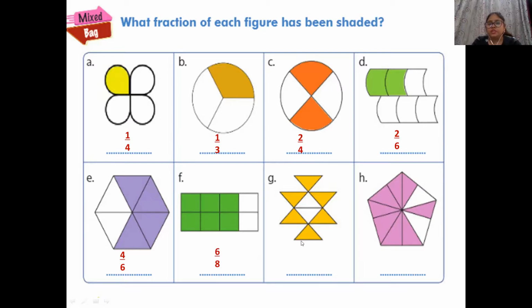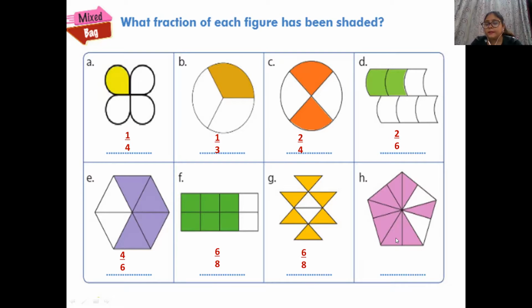Okay. Now G. How many total parts are there? Firstly, count the colored part. 1, 2, 3, 4, 5, 6. Now the remaining 7, 8. So the total will be 8, and we already counted the shaded part. So it will be 6 by 8. Okay, children. Now the last one.